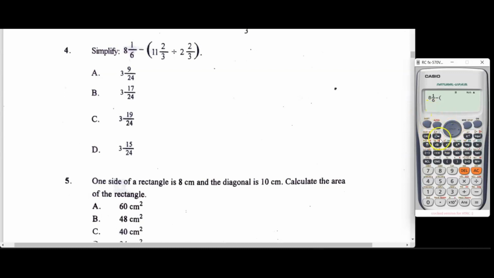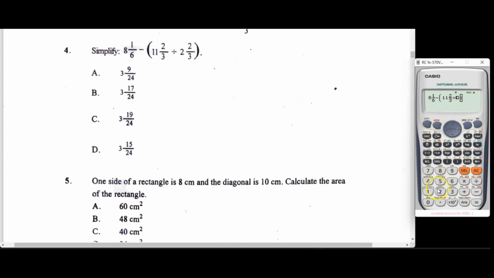So you program rightly to get the right answers. So we have another mixed fraction. So shift with the fraction sign. Then we go for 11. Shift the cursor. Go for 2 on 3. Then shift forward. Then we have divided. Then we have another mixed fraction coming in again.